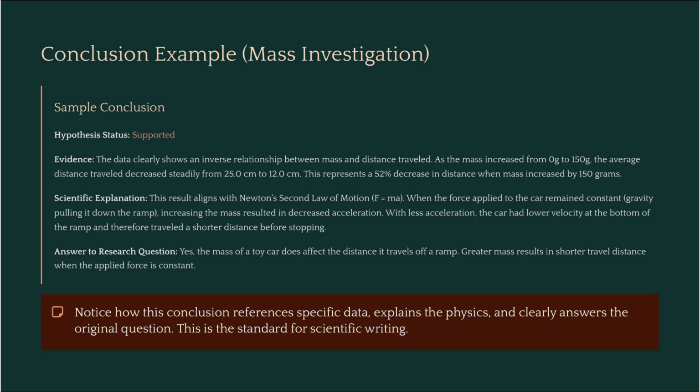Then, for evidence, as shown by the data, when the mass increased from 50 grams to 100 grams, the average distance traveled decreased from 25 centimeters to 15 centimeters. Finally, you explain the why, linking it to Newton's second law. Greater mass creates greater inertia, resisting the initial force.